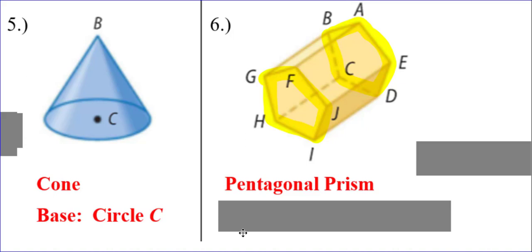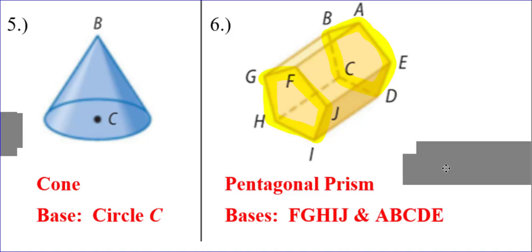Now, I hope that you did not accidentally name the rectangle that's at the bottom as the base, because it's not parallel and congruent to anything. And so therefore, it's not the base of this prism. The bases of this prism are the 2 pentagons. Remember, I told you earlier in this packet of guided notes that bases are not always at the bottom. Sometimes they're in the front and in the back. And that's the case that we have here on number 6.